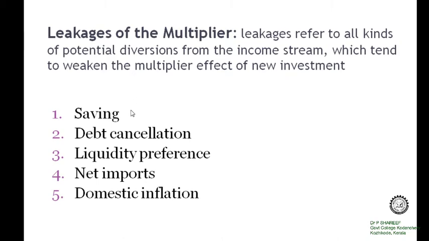Thus, when consumption falls, the multiplier effect is negative. That is, when saving increases, the income falls.